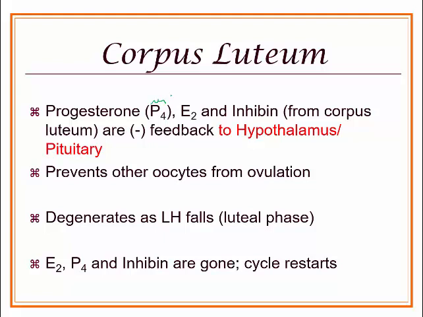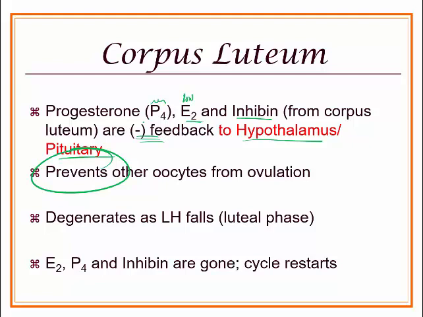It will now be secreted from the corpus luteum in addition to estrogen and inhibin. So all three of these, estrogen in low amounts, inhibin, and progesterone, will provide various negative feedbacks to the hypothalamus and the pituitary. That is what prevents any more development of oocytes during this time.